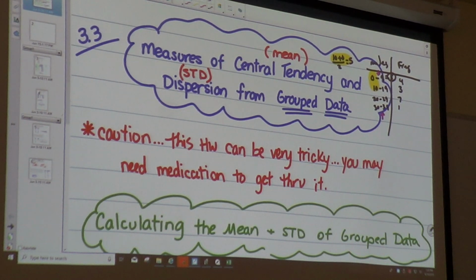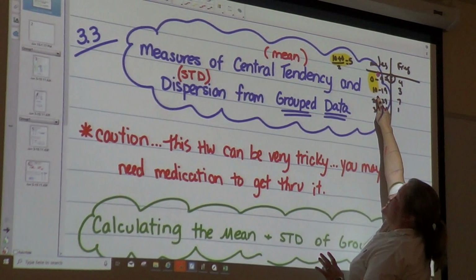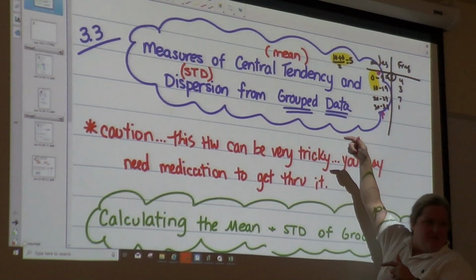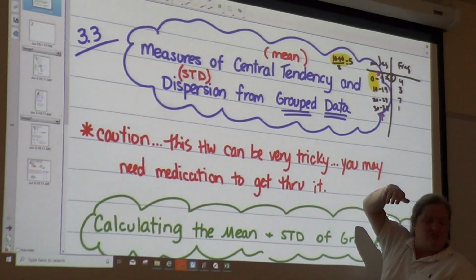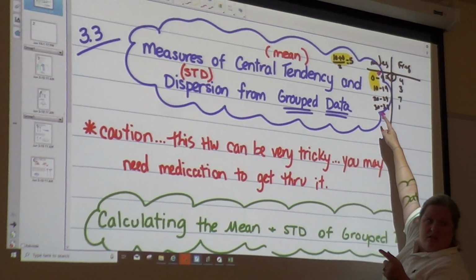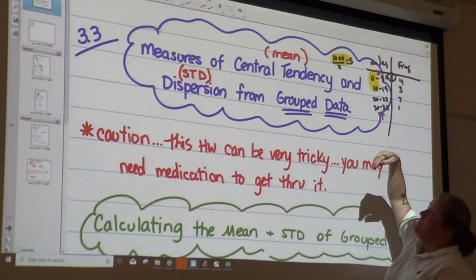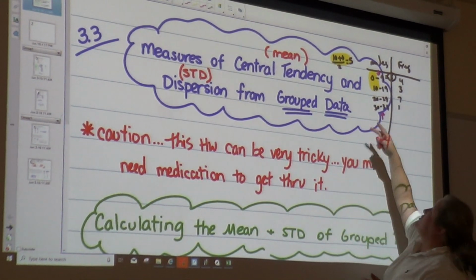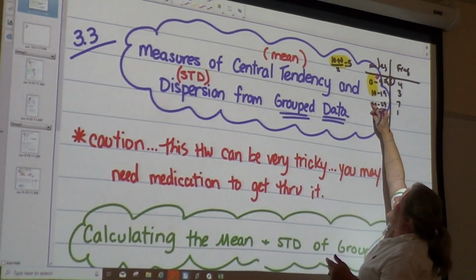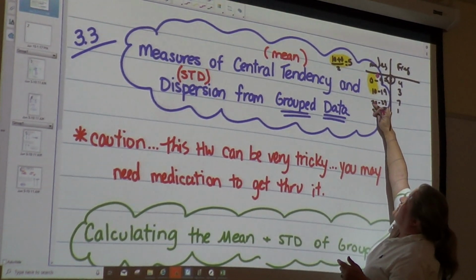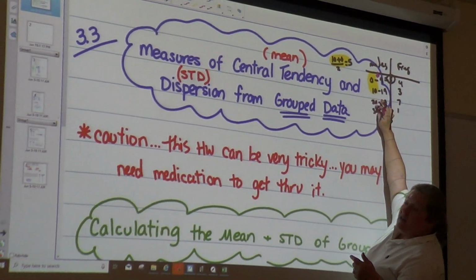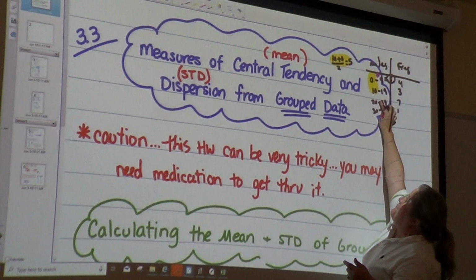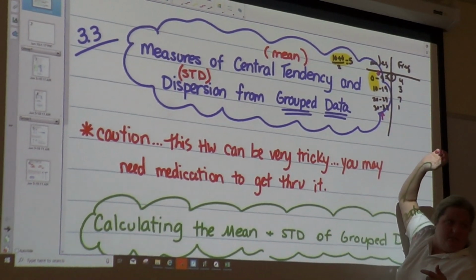To get the midpoint of the next one, I'm going to do front number plus front number cut in half. So what's 10 plus 20? 30, cut in half? 15. That's going to be the midpoint of that one. So you do the 2 fronts, cut them in half, and back that thing up. It always goes to the previous one. Add them up, cut it in half, and back that thing up to the previous group.